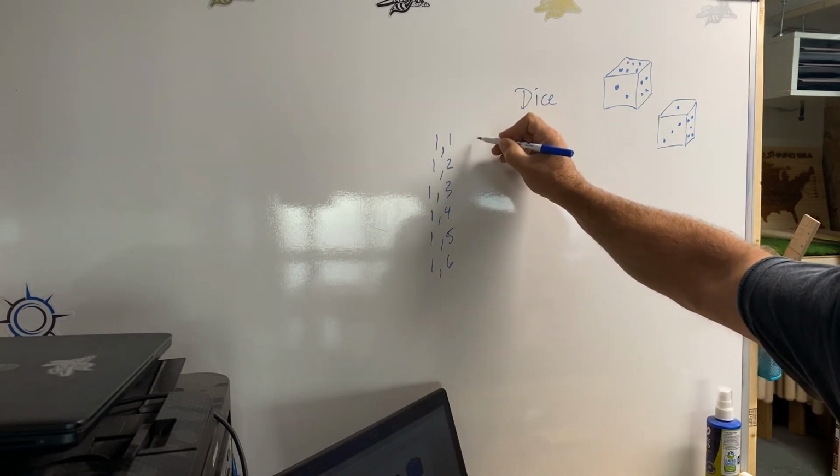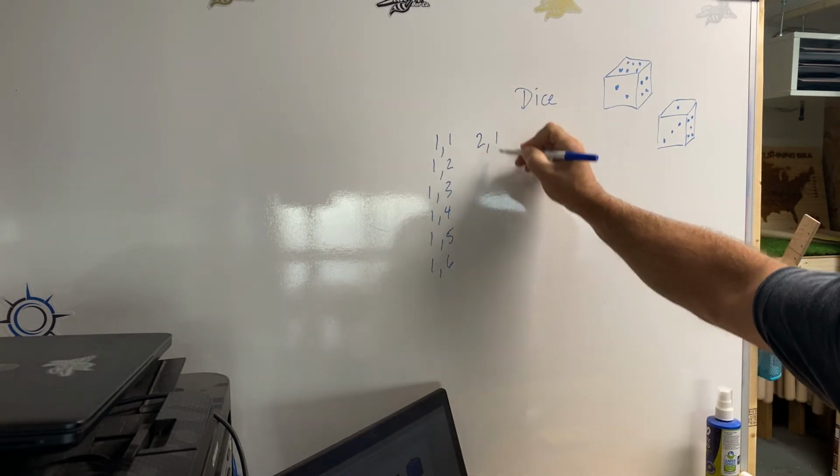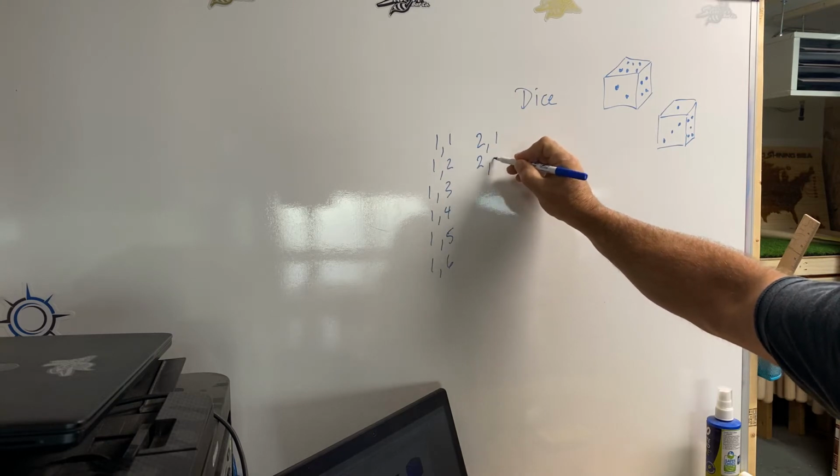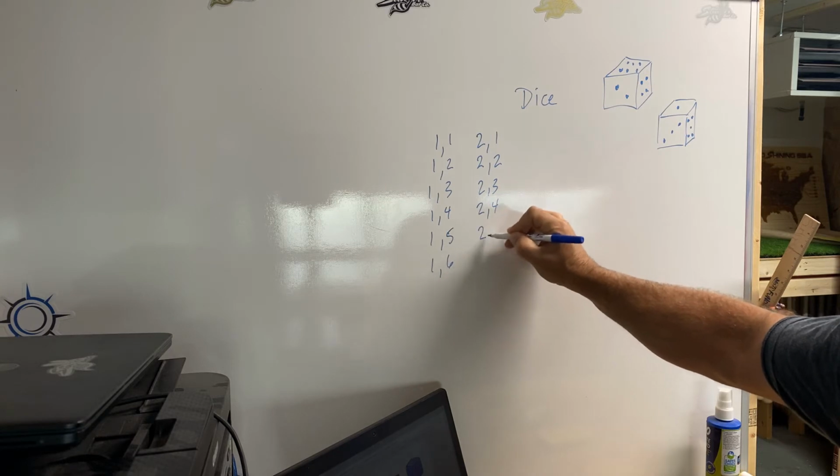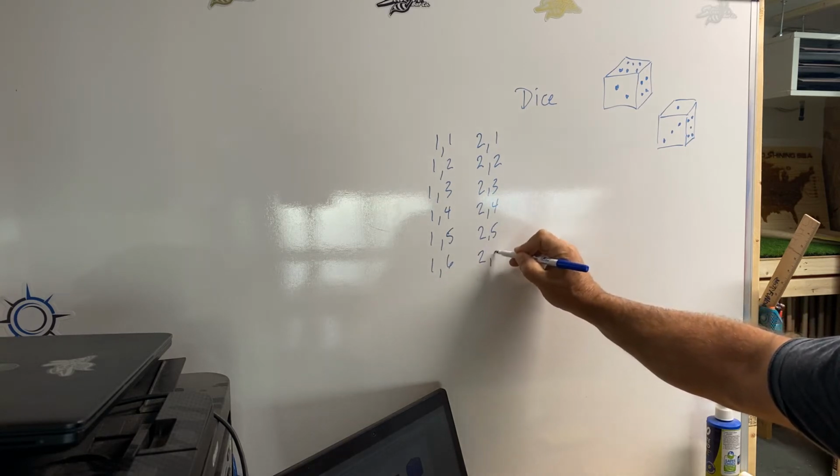Then I could also roll a 2 and then a 1, a 2 and a 2, a 2 and a 3, a 2 and a 4, a 2 and a 5, a 2 and a 6.